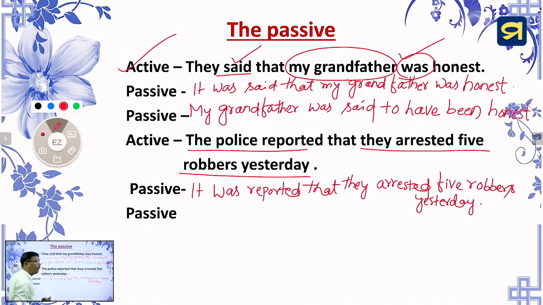But right now we will discuss beginning with the subject of that clause. That means we will use what? They, followed by were. Why? Because it is the third person plural number. So we will use were here.